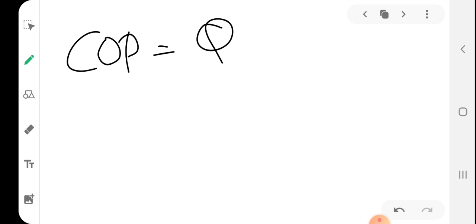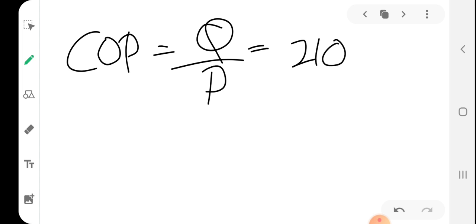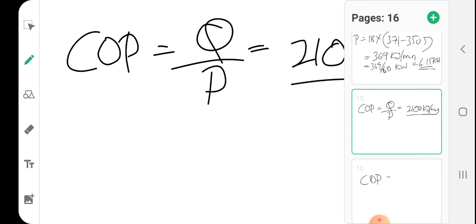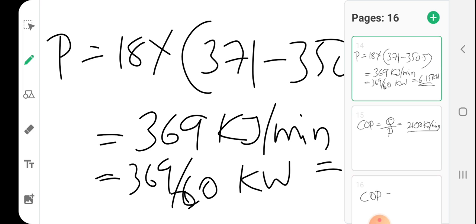Students, COP is nothing but Q by power, right? Q is 2100. Q means refrigerating effect, divided by compressor power or work. So this is 2100 kilojoule per minute by power. How much was the power?